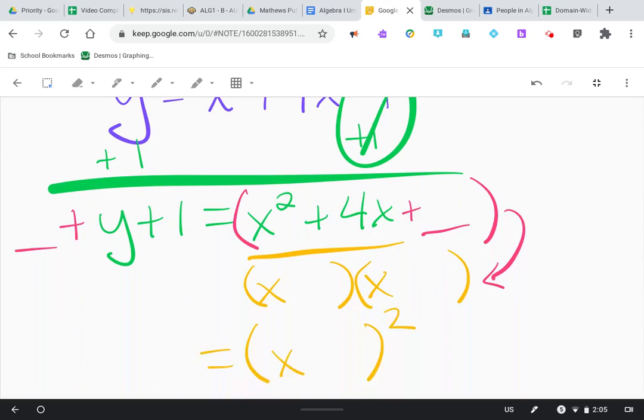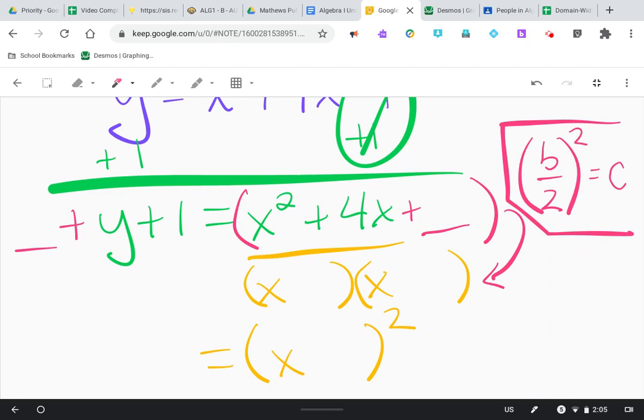The way we're going to do that is we're going to take the b term, divide it by 2, and then square it. And that is going to give us our new c term. So this little equation right here is key to this whole process. Again, I'll post all of these steps in the notes so you can follow along.